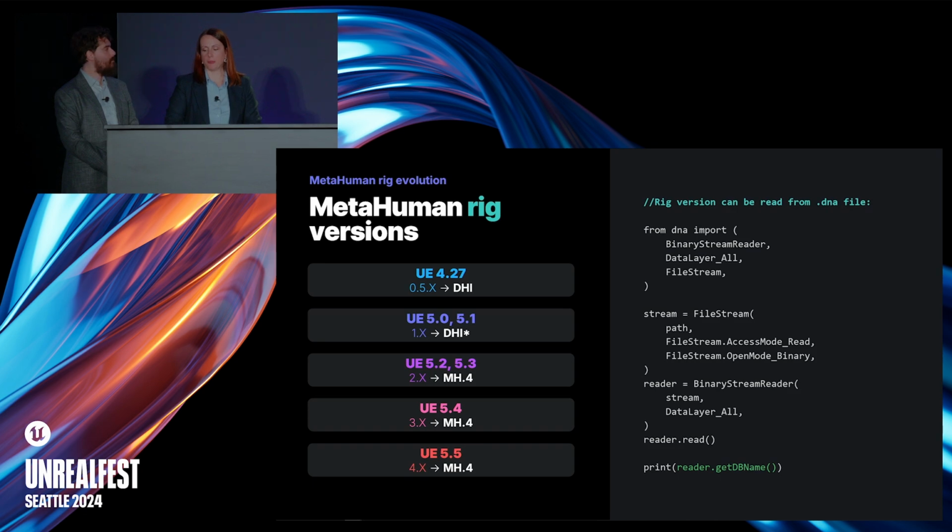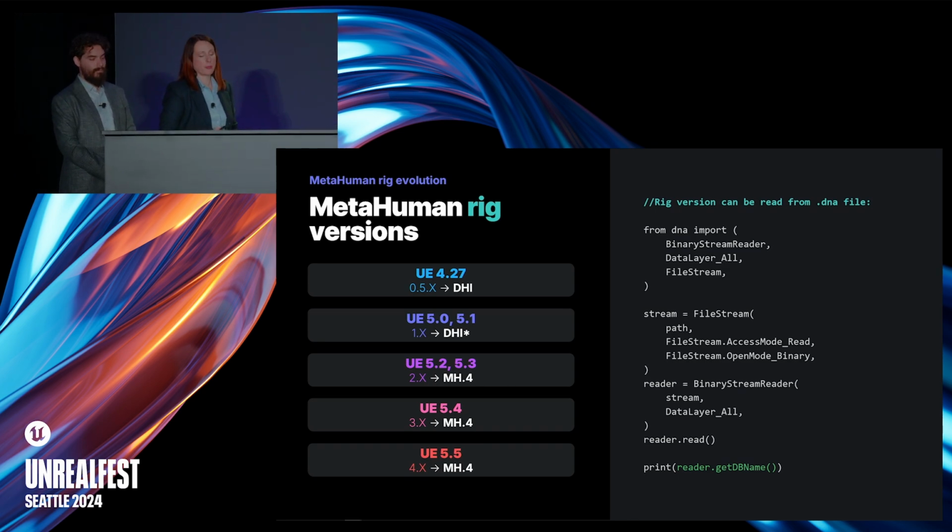Additionally, we added RBF setup for the neck to get even better fidelity. At that point, we put in use one metadata found in a MetaHuman DNA file called dbName, and decided to use that to track rig specification changes.